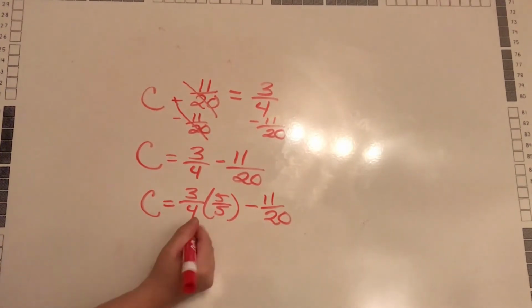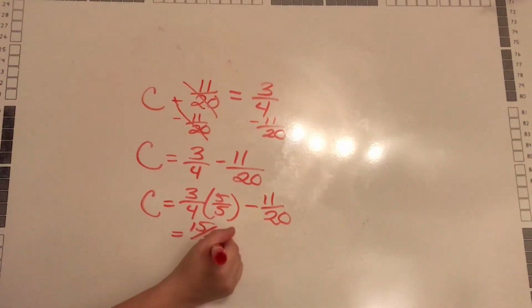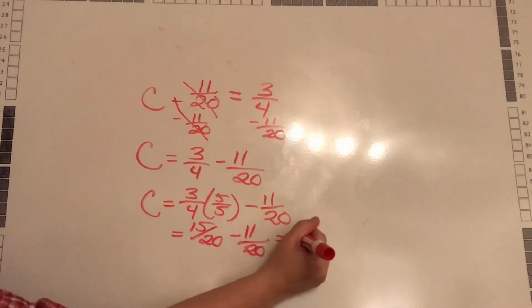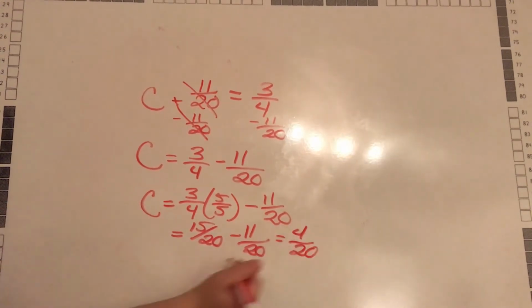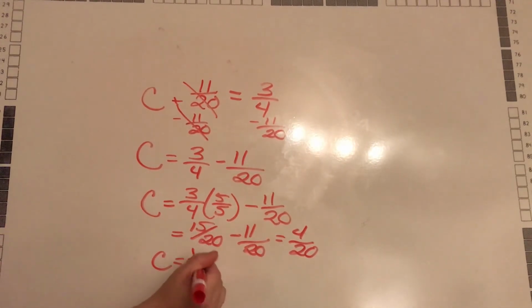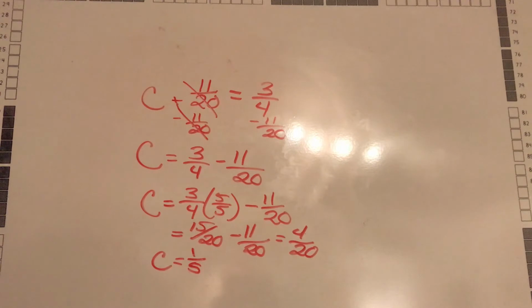We can leave that the same. 15/20 minus 11/20 equals 4/20. C equals 1/5. Okay, so pink gold is 1/5 copper.